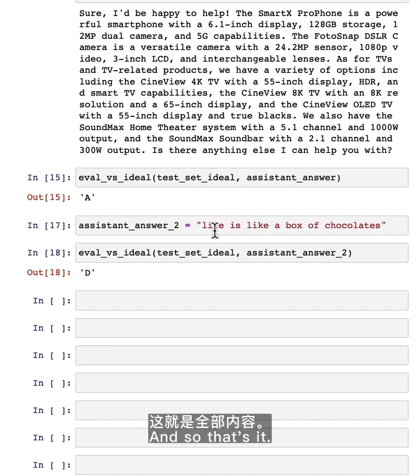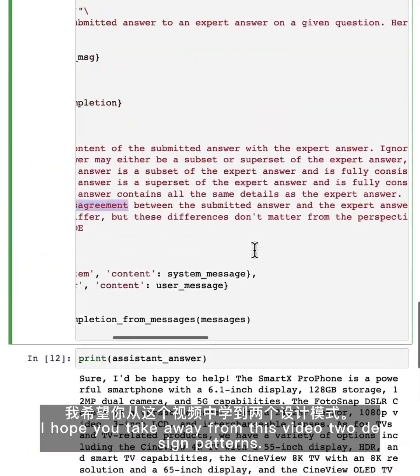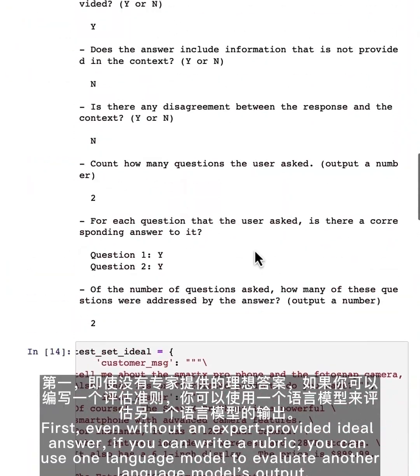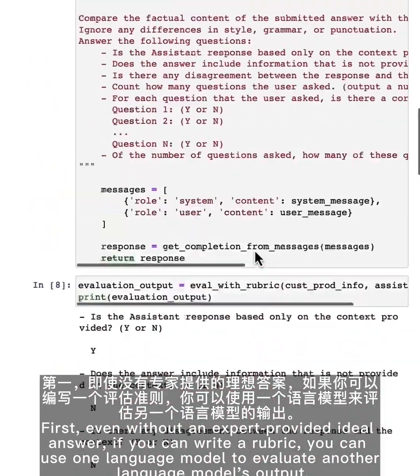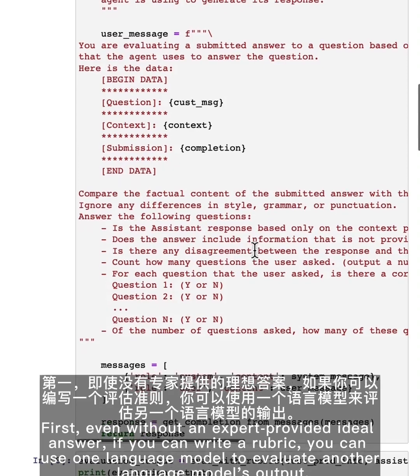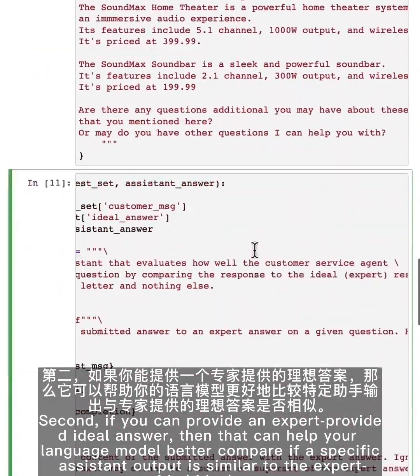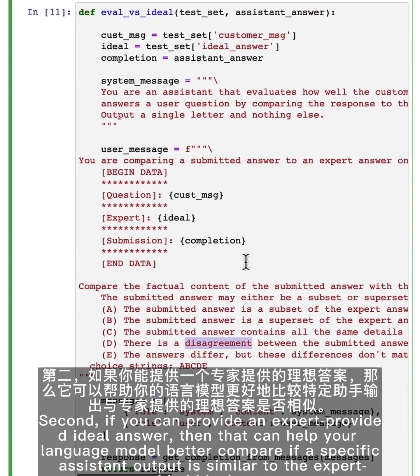And so that's it. I hope you take away from this video two design patterns. First is even without an expert provided ideal answer, if you can write a rubric, you can use one LLM to evaluate another LLM's output. And second, if you can provide an expert provided ideal answer, then that can help your LLM better compare if a specific assistant output is similar to the expert provided ideal answer.